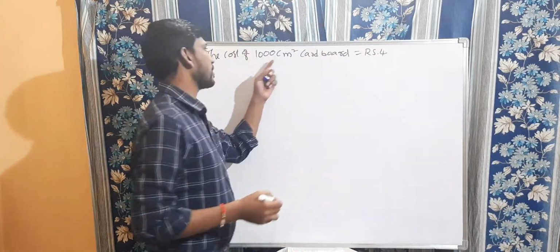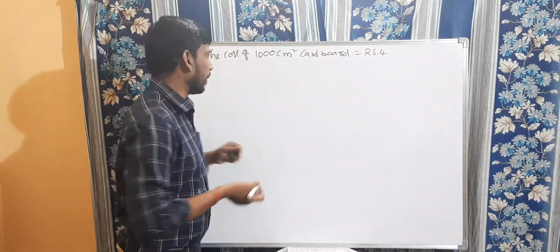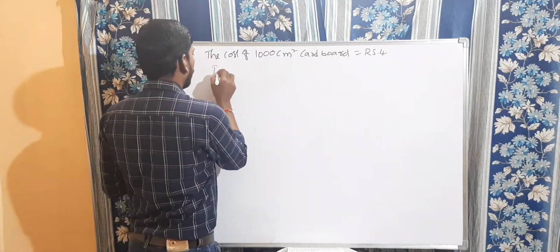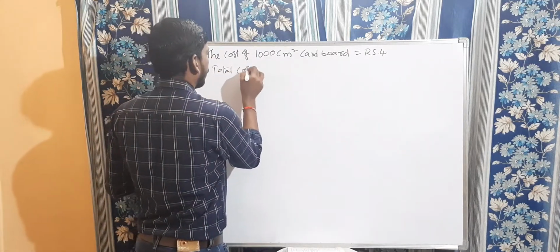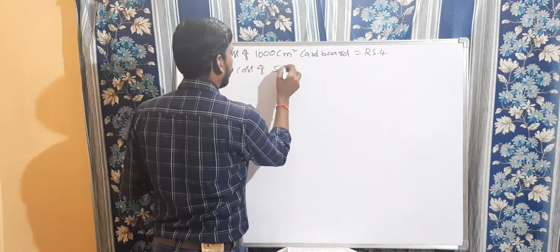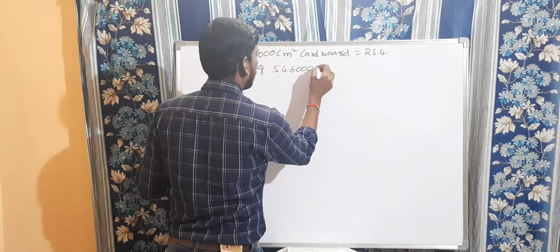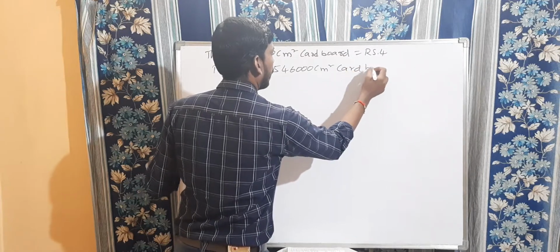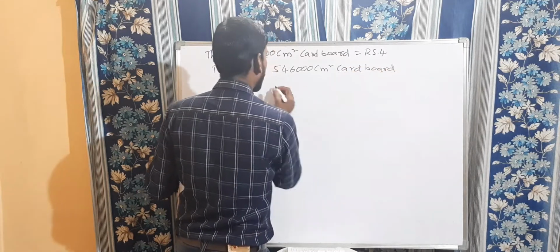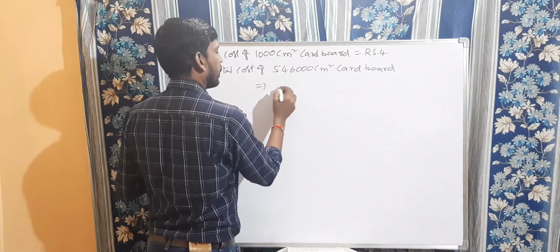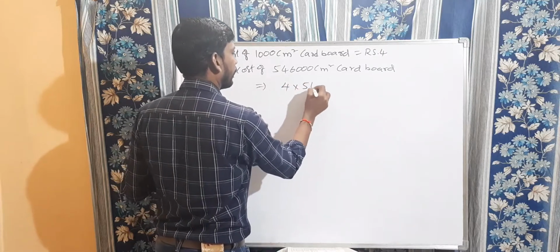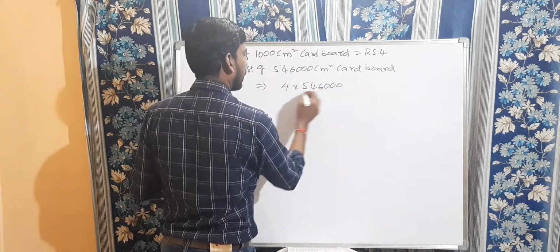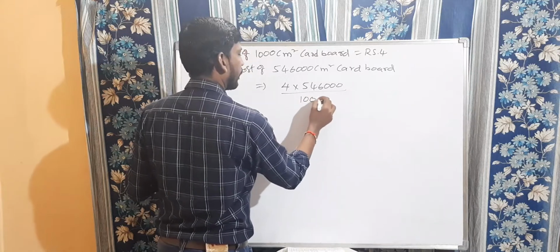For 1000 centimeters square equal to ₹4, then what is the total cost of 5,46,000 centimeters square cardboard? It is 4 into 546,000 divided by 1000.